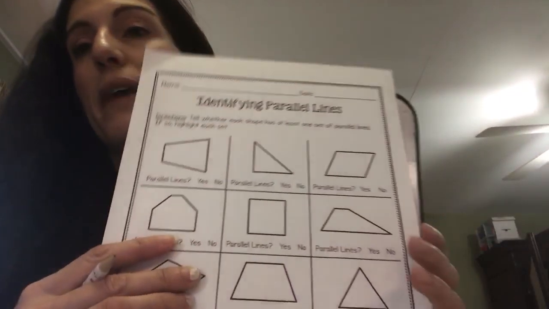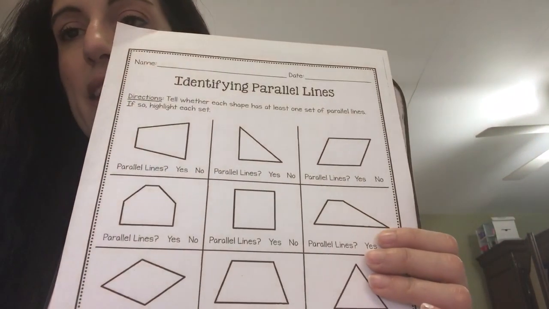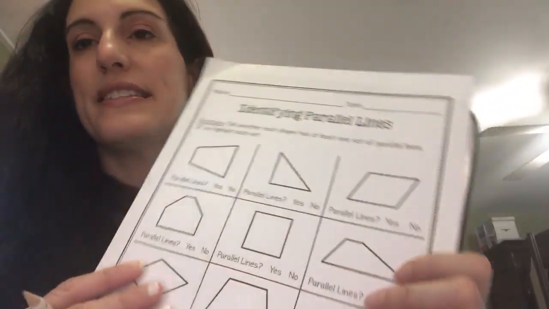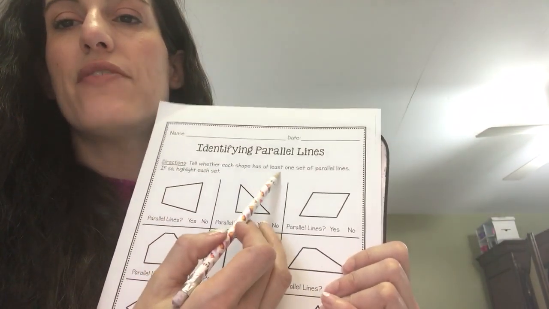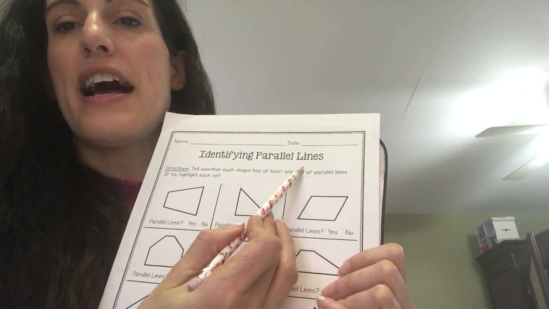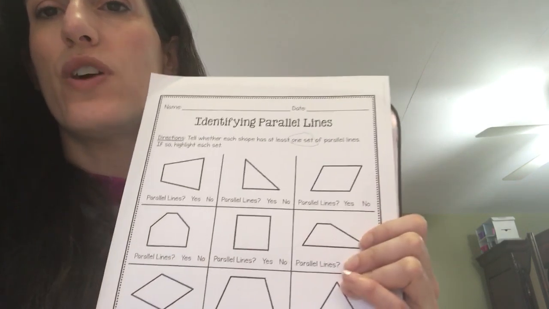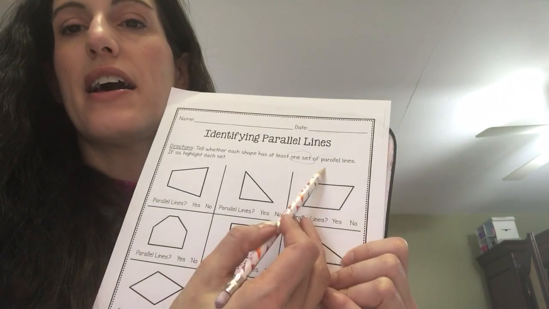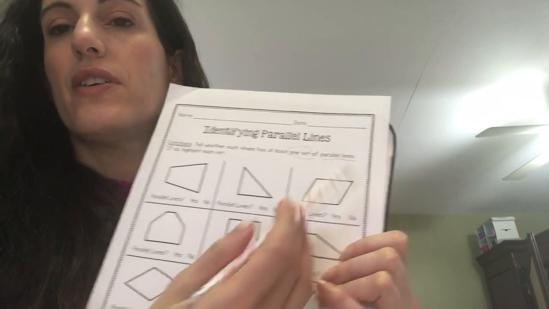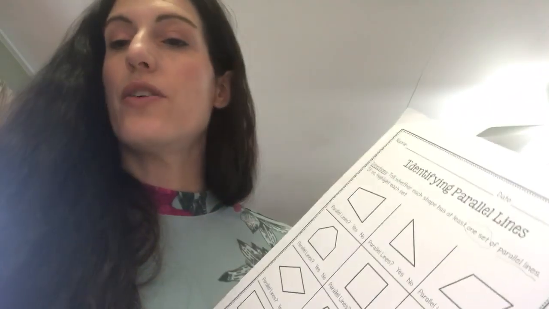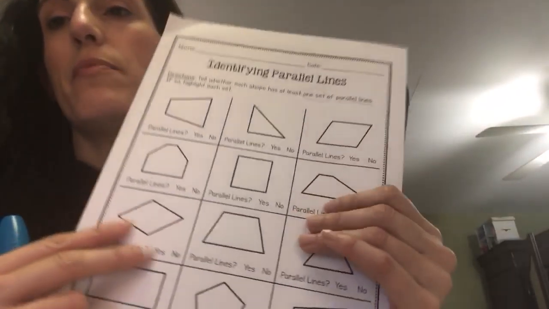The next one is just some more practice, mainly practicing identifying parallel lines. Our directions are: tell whether each shape has at least one set of parallel lines. It just has to have one set. It could have more than that. Let's look at this shape.